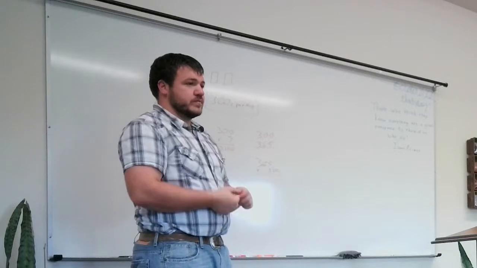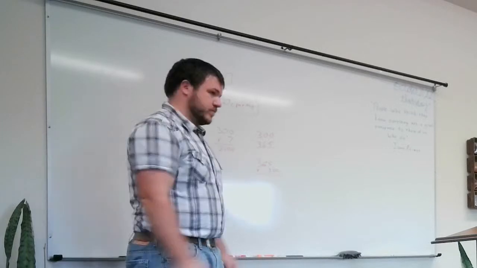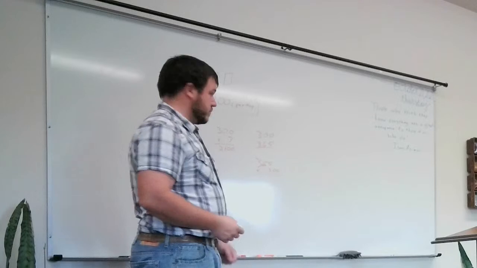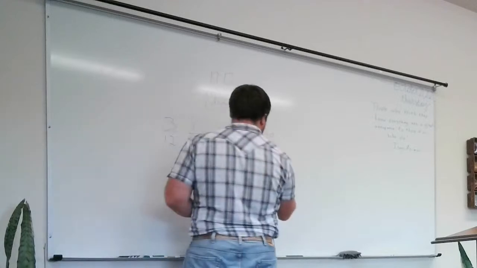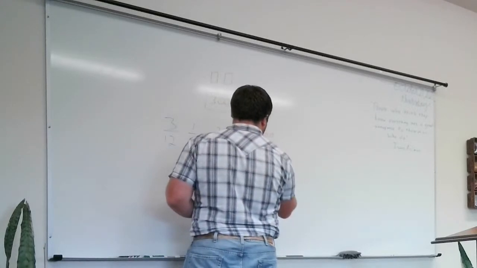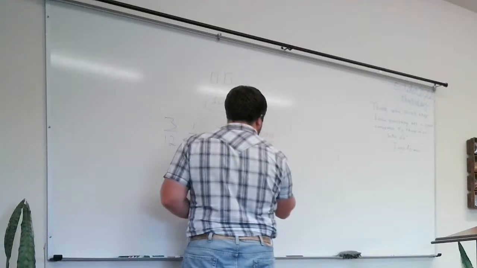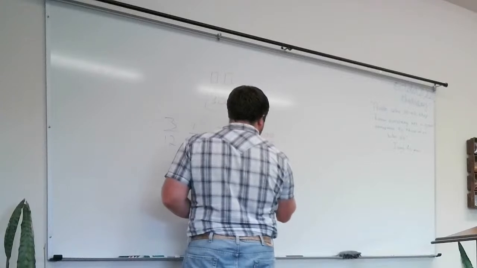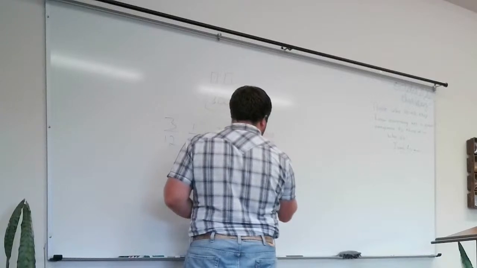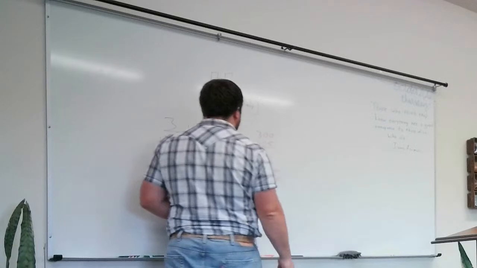So it would be 109,500. Hang on, we'll do the math. I think I saw a different number before. Yeah, you might want to check your number again on that one.